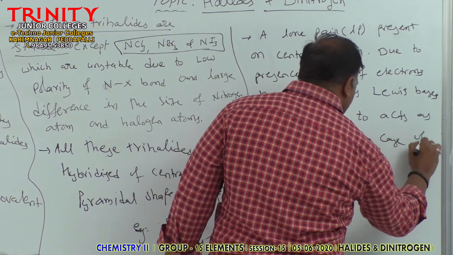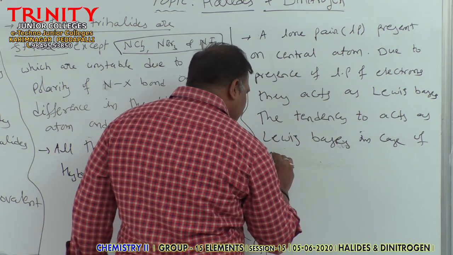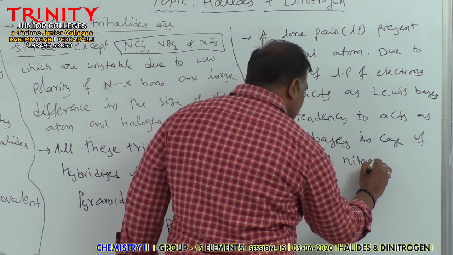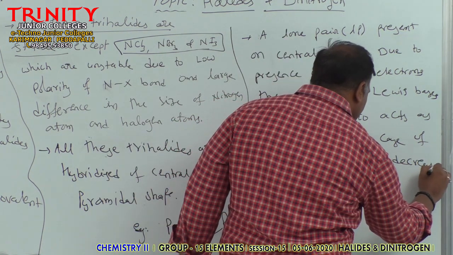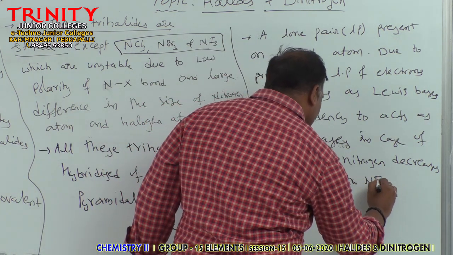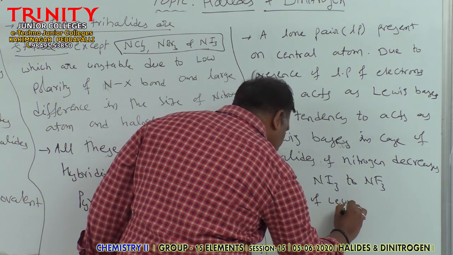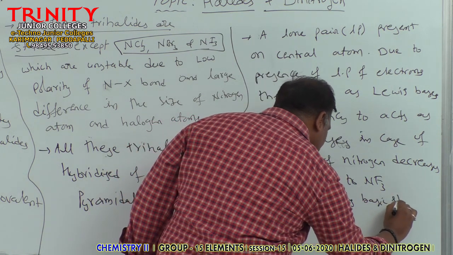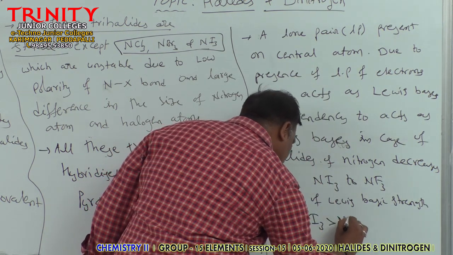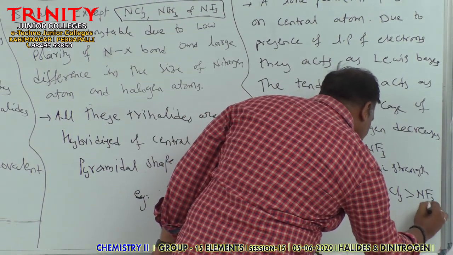The order of Lewis basic strength among nitrogen halides is NI3 greater than NBr3 greater than NCl3 greater than NF3.